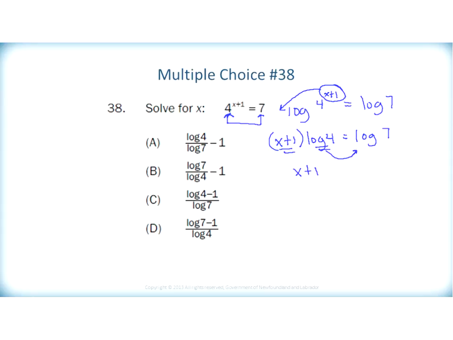X plus 1 equals log 7 divided by log 4. And now, of course, x equals log 7 over log 4, subtract 1. You may also, from this step, use the distributive property and multiply by log 4.